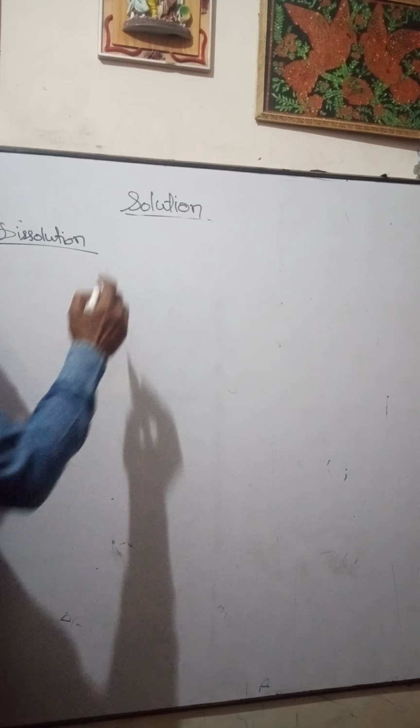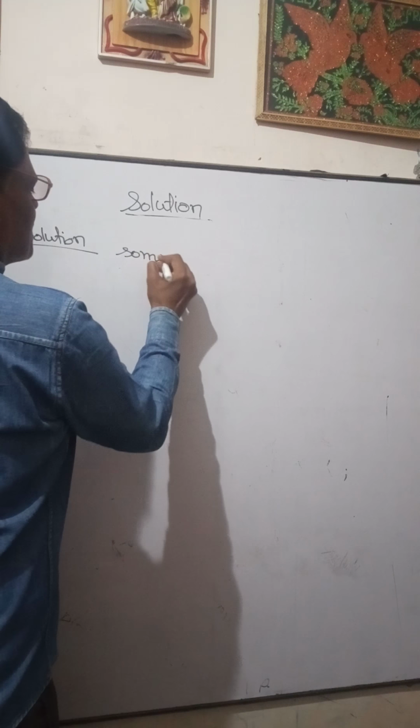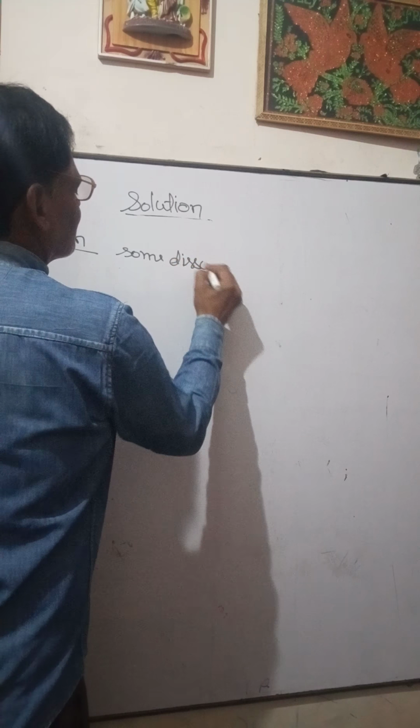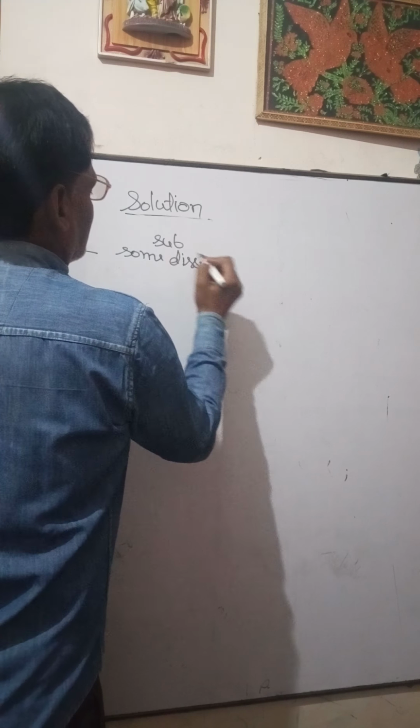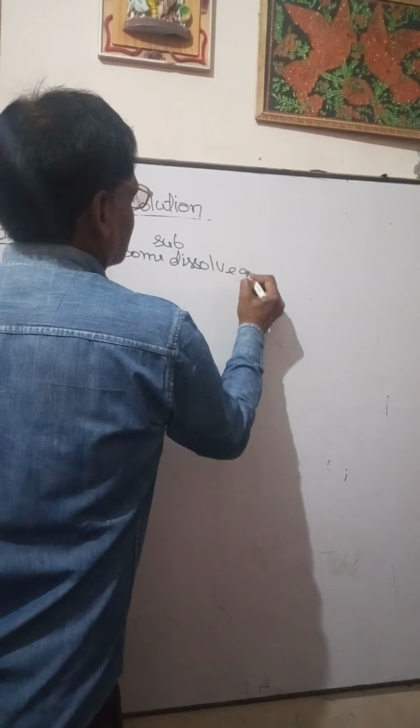We will try to understand the process of dissolution. What happens? How is it that some substances dissolve at room temperature, while others are insoluble, they don't dissolve, and the third kind is soluble at room temperature?